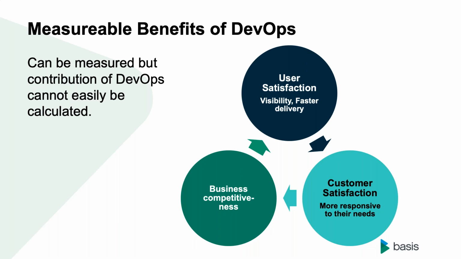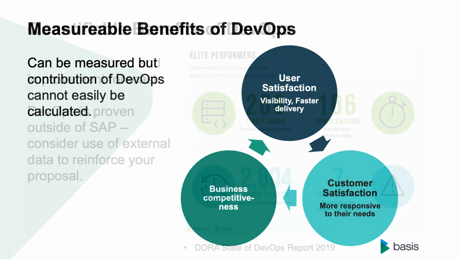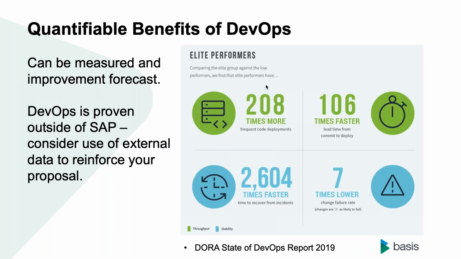The third type of benefit is those that are quantifiable, and really this means that you have a value, but also you have a way of predicting or forecasting by how much you expect this to improve. Here you can look at data both externally from SAP.